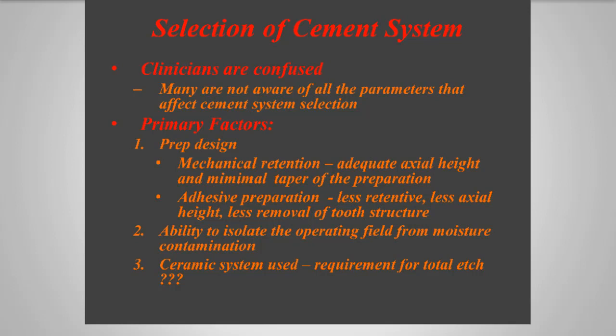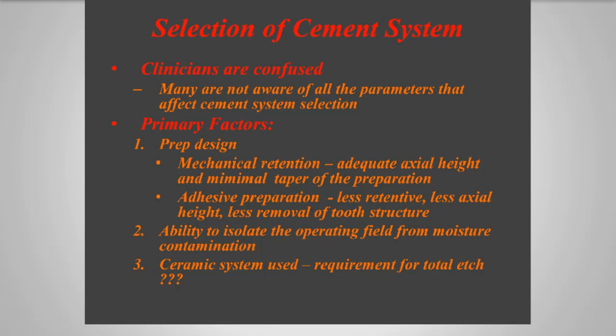The choice there could be a self-etching resin cement if you can control the moisture long enough. If you can't control it at all, I'd go with a resin reinforced glass ionomer. So the ability to isolate and the preparation design are factors that help decide which cement to use.